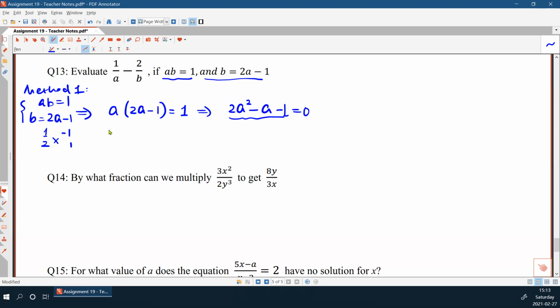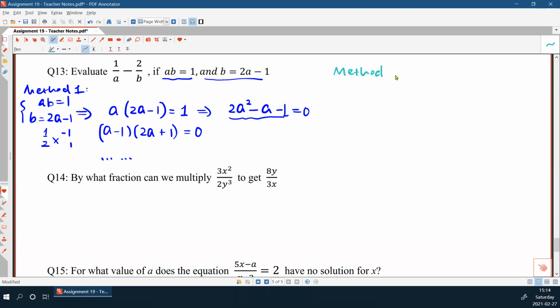So the factored form is (A minus 1) times (2A plus 1) equals 0. Then you can solve the values of A. If you solve the value of A, then you can solve the value of B. If you know both values, you can then solve the expression here. So I'm not going to write all of these. This solution seems a little complex. So there is another solution for this.